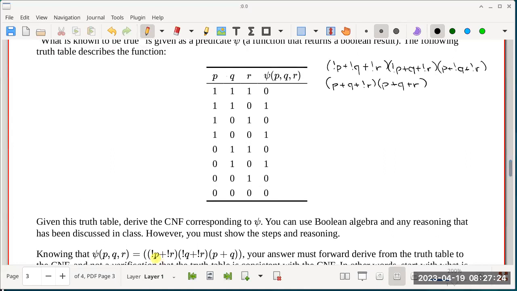In other words, somehow we have to get rid of the not Q in here. And the way we're going to get rid of it is to combine the first two.